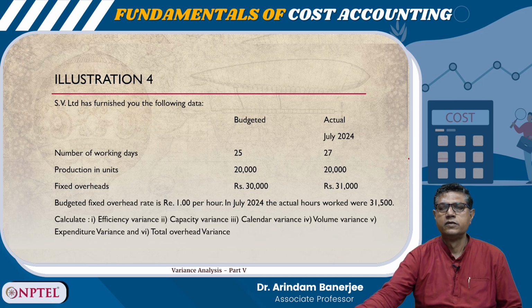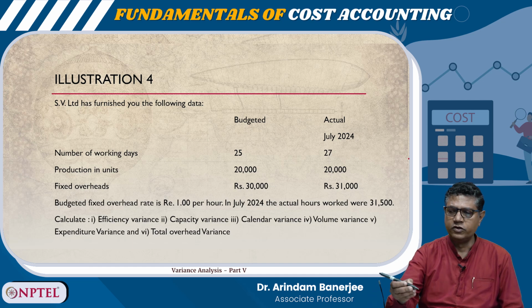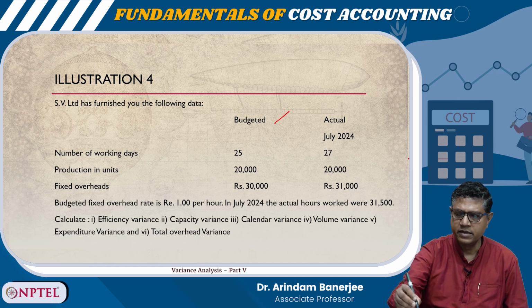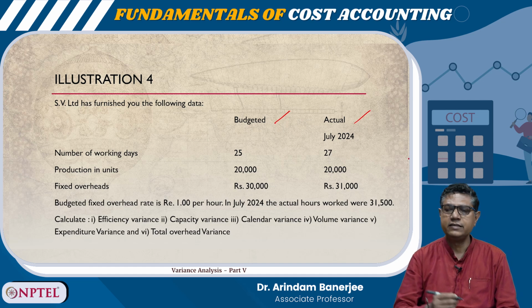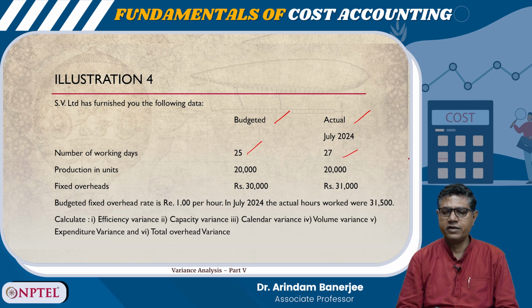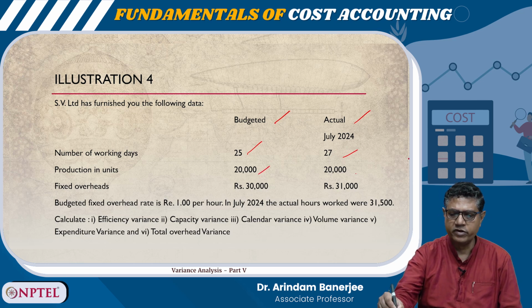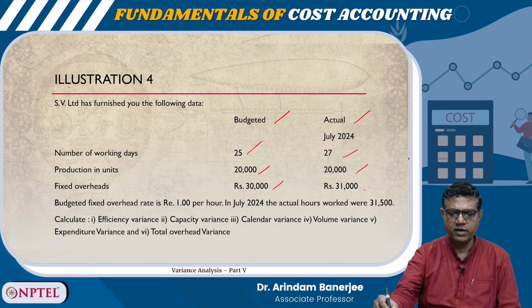Now, we are coming to illustration 4, right. SB Limited has furnished you the following data: budgeted and actual. The number of working days is 25 and 27. Production in units 20,000, 20,000, fixed overheads 30,000, 31,000.